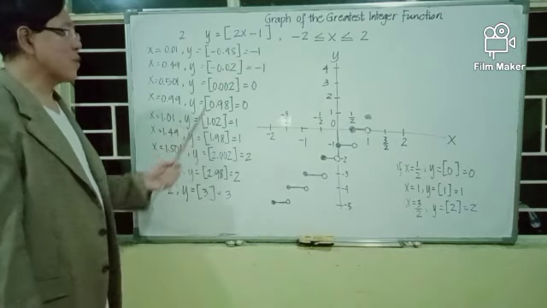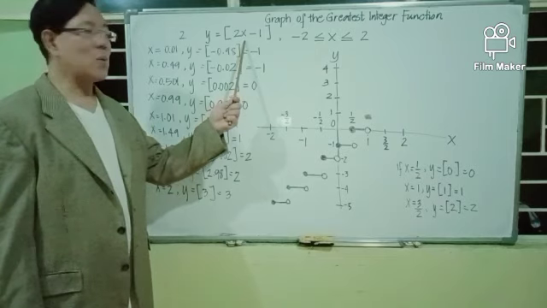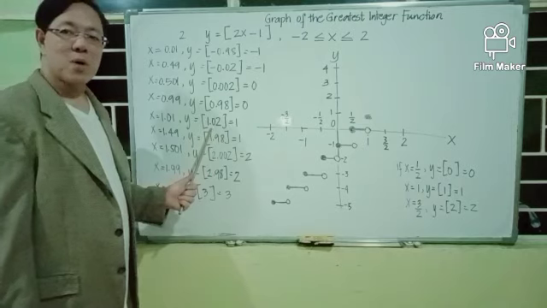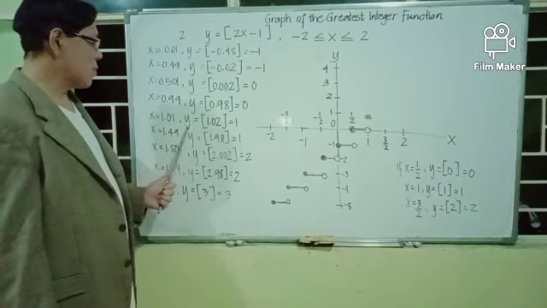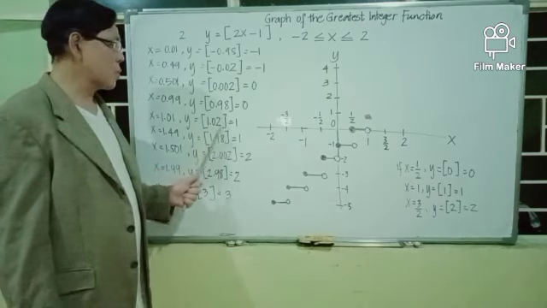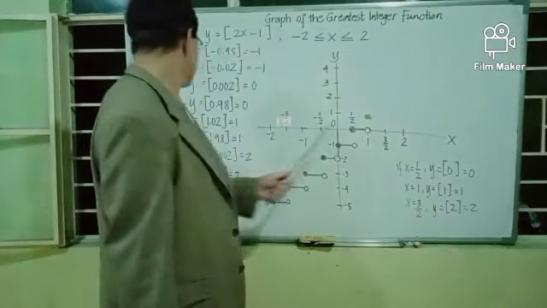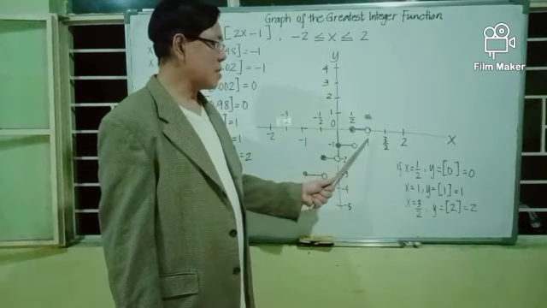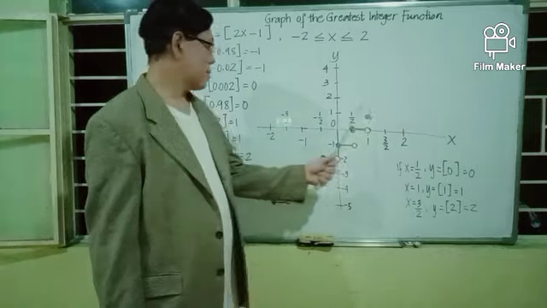If x is 1.01, substitute in the given function 2 times 1.01 minus 1, and using a calculator, you should get 1.02. When x is 1.01, the value of y is the greatest integer less than 1.02, and that integer is 1. When x is 1.01, it is in this interval, and the value of y is 1.